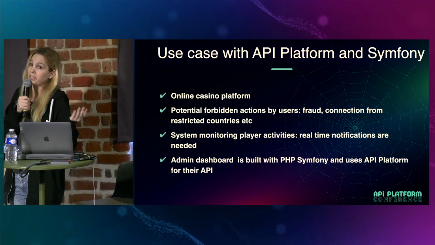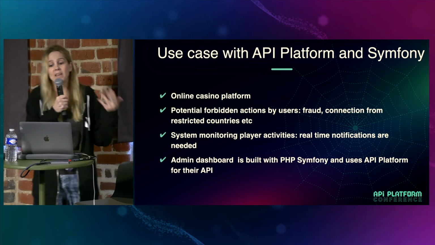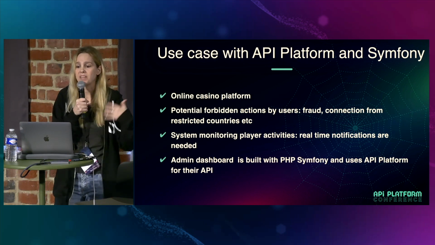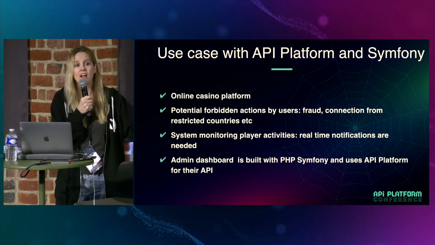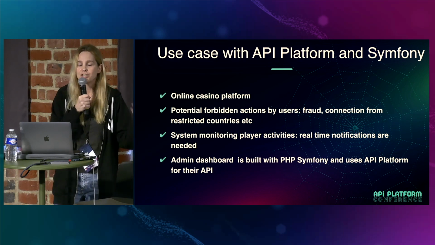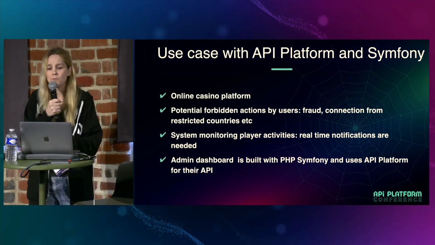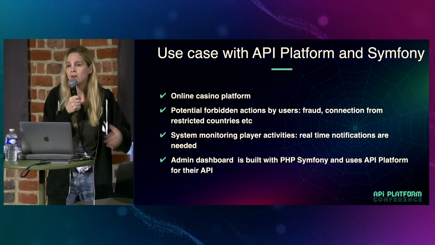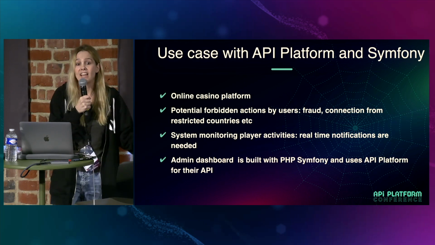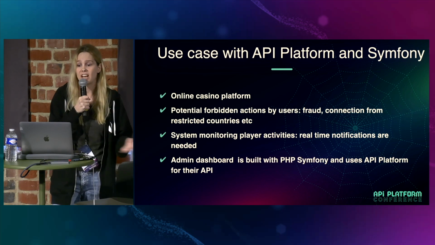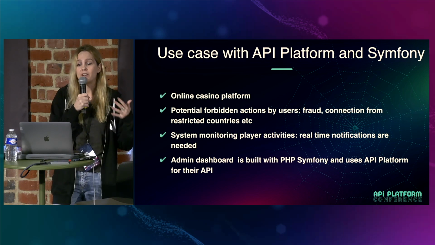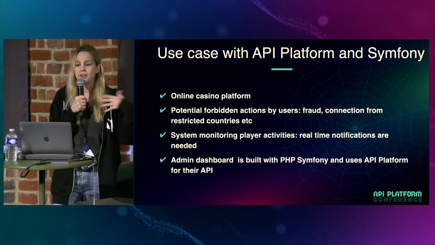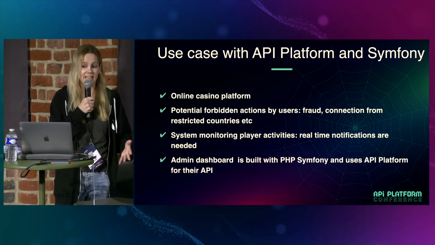Just like in a real casino, there could be actions that are not allowed. So we have a system that monitors player activities on the gaming platform. When a player performs a suspicious action, such as an attempted fraud, an unusually high bet, or a connection from a restricted country, the administrator must be immediately alerted via the admin dashboard to take corrective actions instantly.